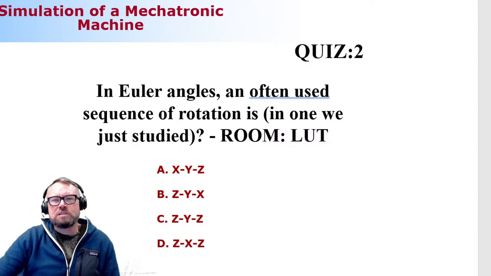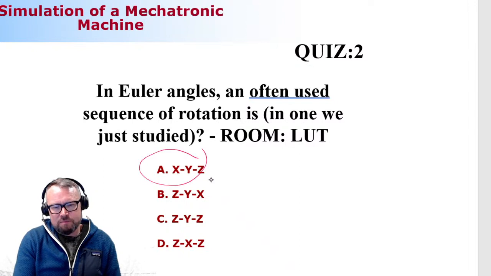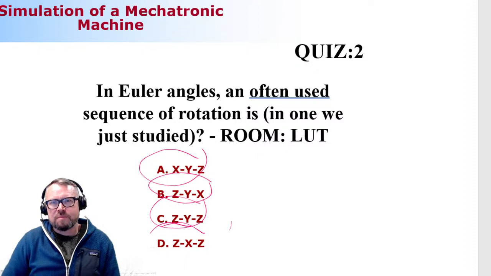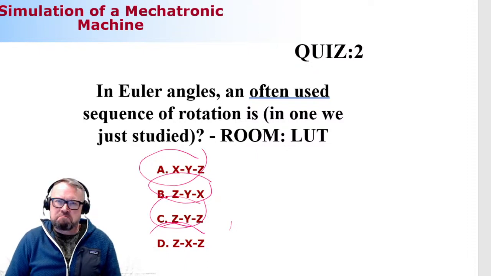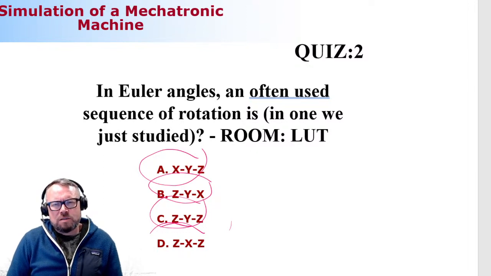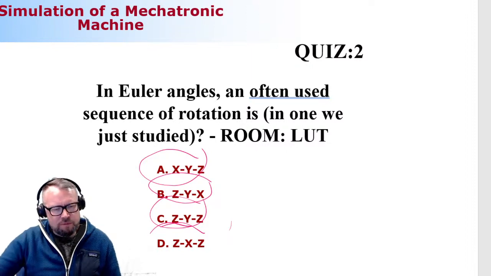So tell me, which one did we just look at? Which was the sequence we just studied? Four options, only one is correct. Think about what the sequence of rotation in a gyroscope is. That could help you to answer this. And again, it doesn't really matter, you can use another sequence as well, but this is the most often used sequence.